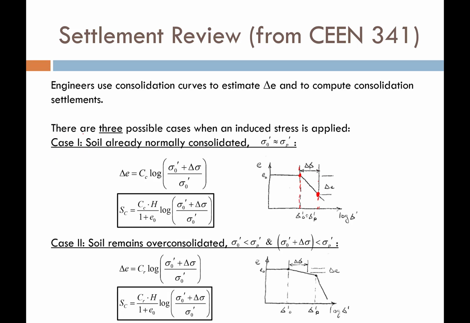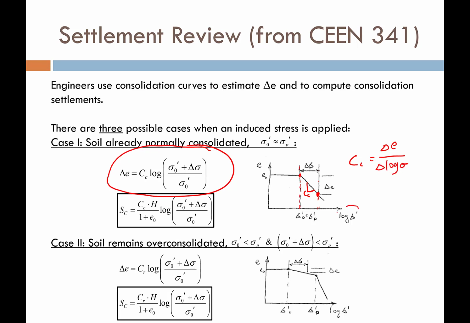The soil is normally consolidated and it stays normally consolidated. If that's the case, I compute my change in void ratio using this equation right here, where C sub C is the slope of that normally consolidated line. C sub C is just the change in void ratio divided by the change in the log of stress.